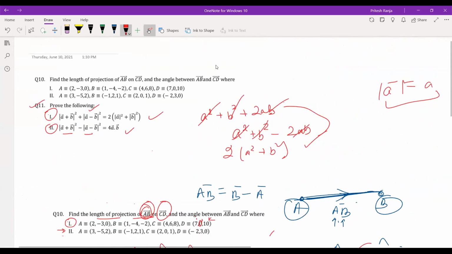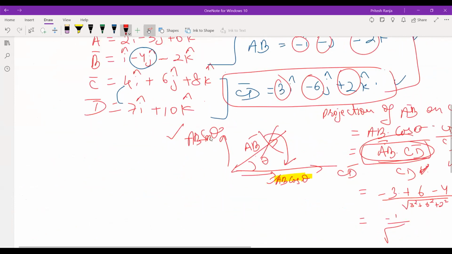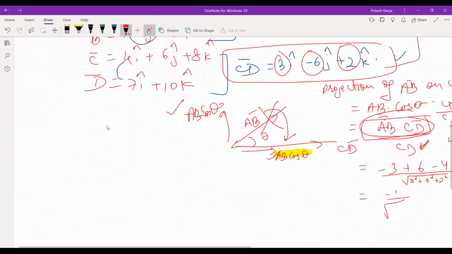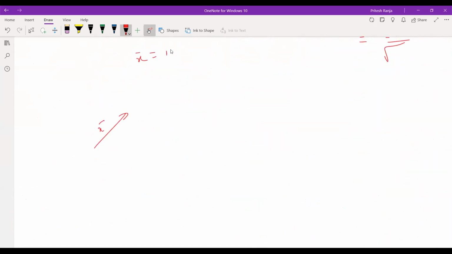Now you have to find out the angle between AB vector and CD vector. How will we find the angle between AB vector and CD vector? This also we have done. Let me take AB vector as x vector and CD vector as y vector.